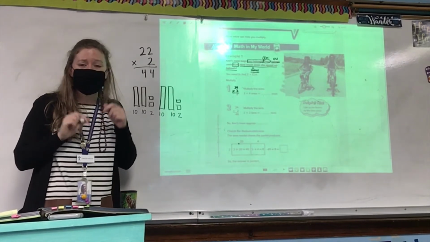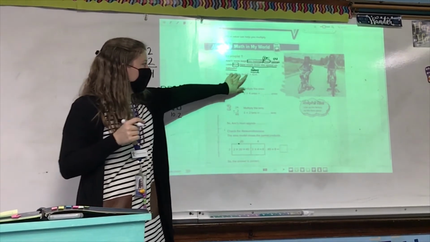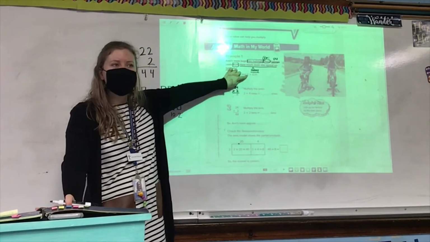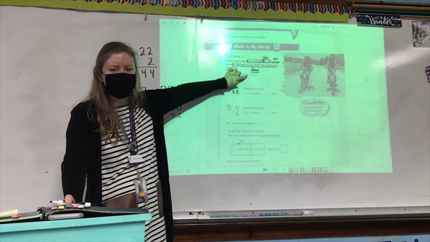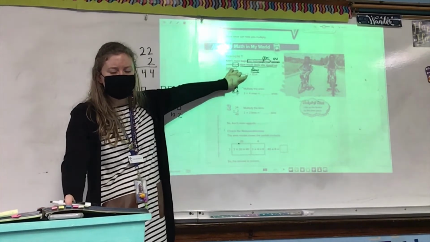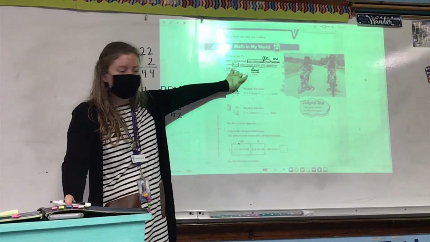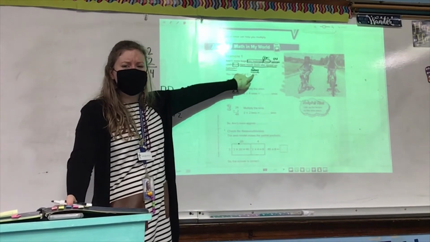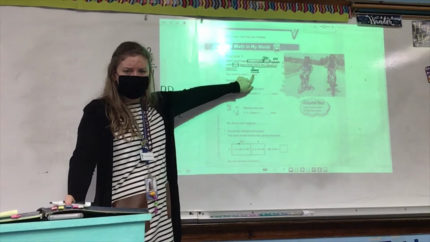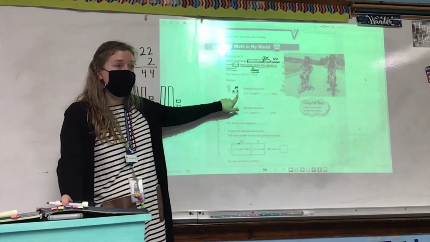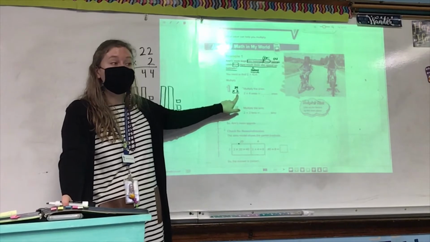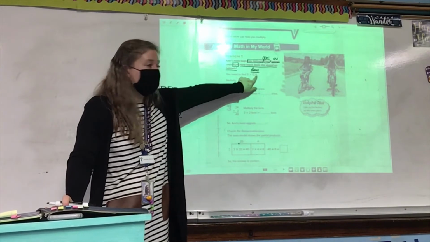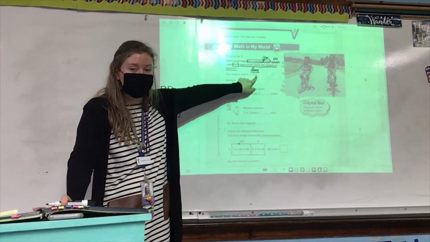So trace the problem. Make sure that your 1-digit number, 2, is in what place? Zari. The ones place. In the number 24, which digit is in the ones place? The 4. So when we're setting up our problem, we still are matching up places. 2 is in the ones place, so we have to line it up with the 4 in the ones place in the number 24.